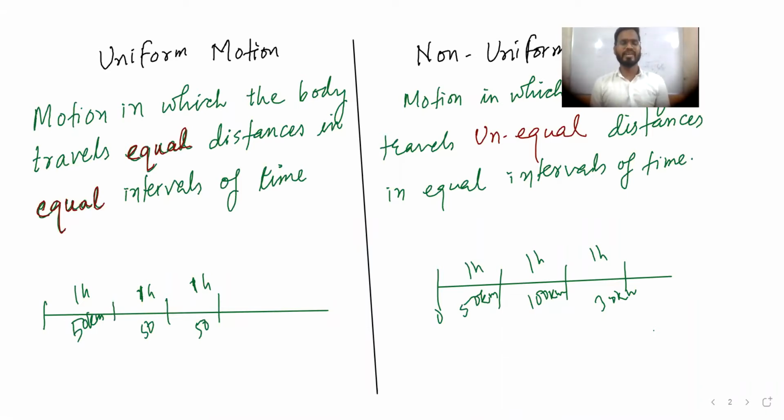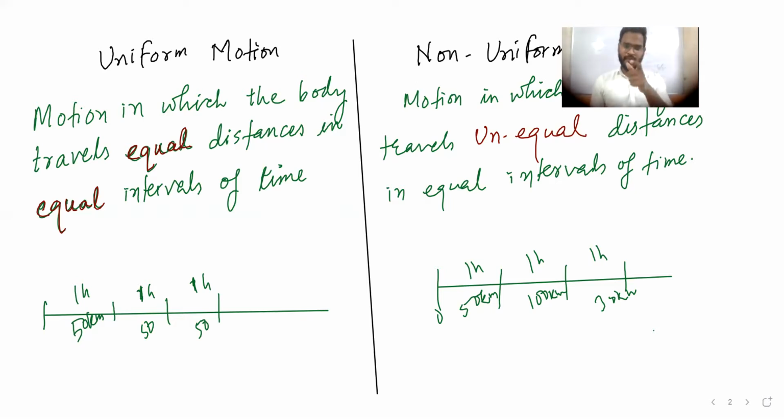Take uniform, for example: suppose any school has a uniform. Let's take black pant, white shirt. Then everyone is wearing the same thing. That is uniform. In college, generally nobody has a uniform. So there, somebody is wearing a t-shirt, somebody is wearing a shirt, somebody is wearing a green color shirt, somebody is wearing a purple color shirt. So that is non-uniform.